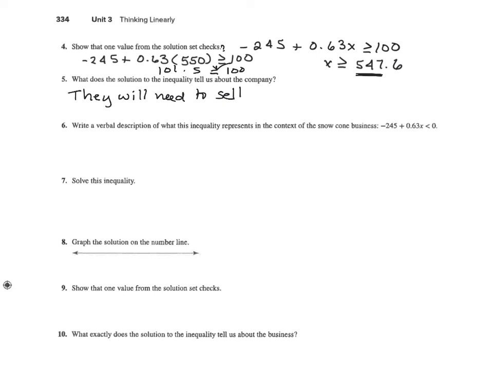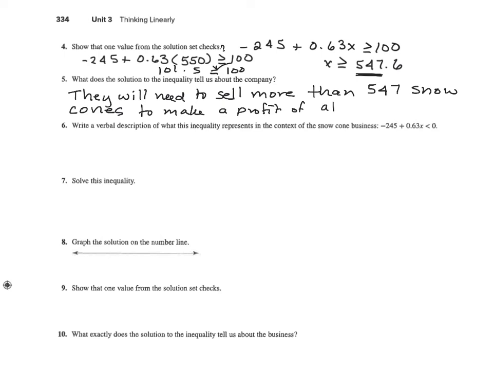So either way, I know it's going to be more than 547 snow cones. You know, where's the or equal to part? Well, can you actually sell 0.6 snow cones? I guess you could if you wanted to, but generally that's not what they do. So to make a profit of at least $100.